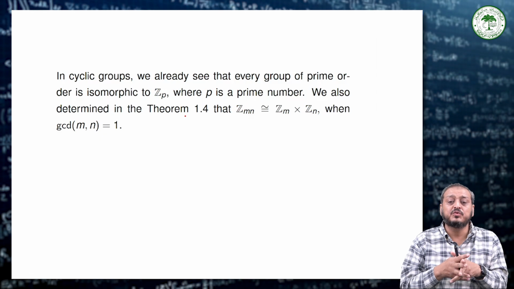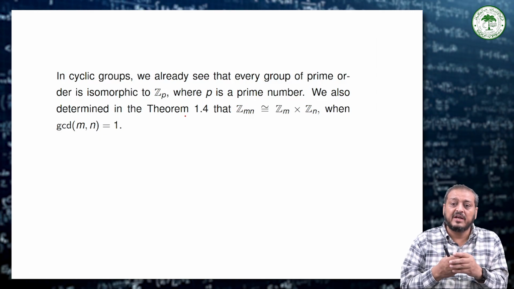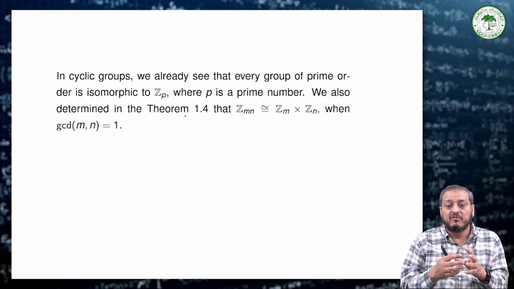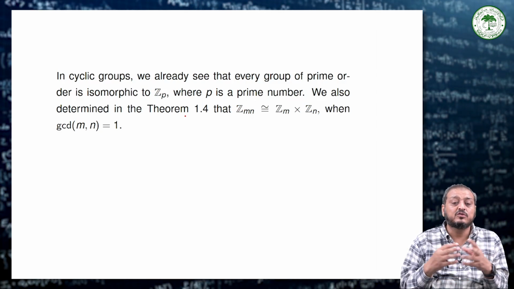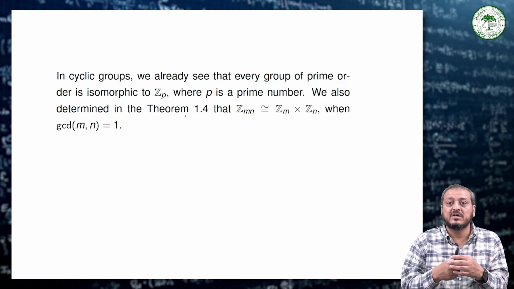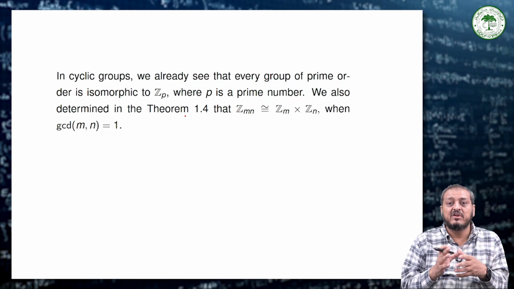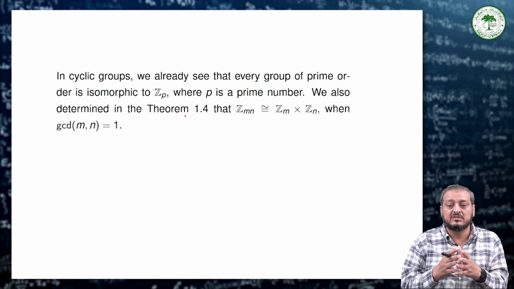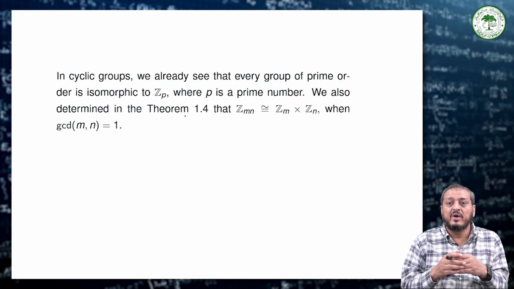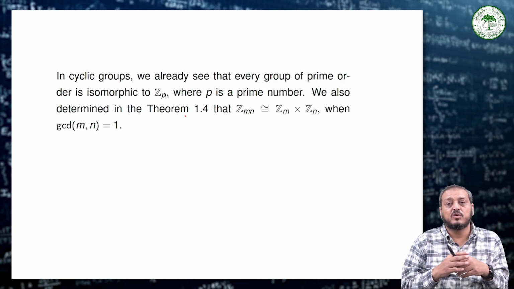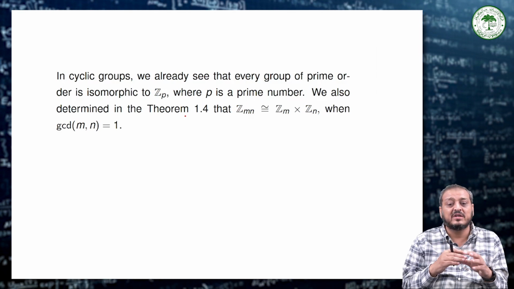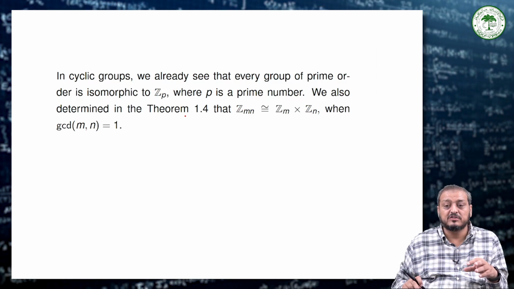In cyclic groups we already saw that every group of prime order p is isomorphic to Zp, where p is prime, and we also determined one theorem: if m and n are relatively prime, then Zmn is isomorphic to Zm cross Zn, where GCD of m and n is equal to 1, that is, they are relatively prime. So by these two theorems we can say that the isomorphism holds.